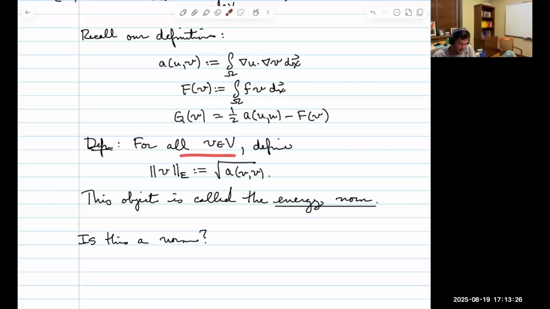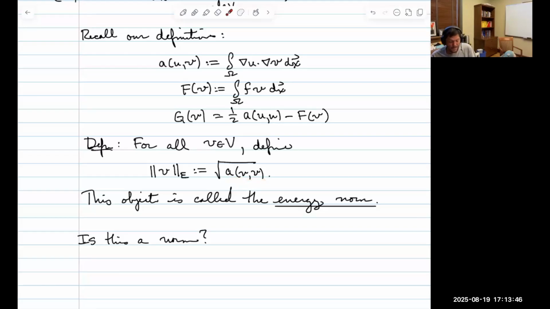For all v in capital V, define the energy norm this way. You take that bilinear form, and you throw into both locations the same function, v. This we can show is going to be an integral with a non-negative integrand.